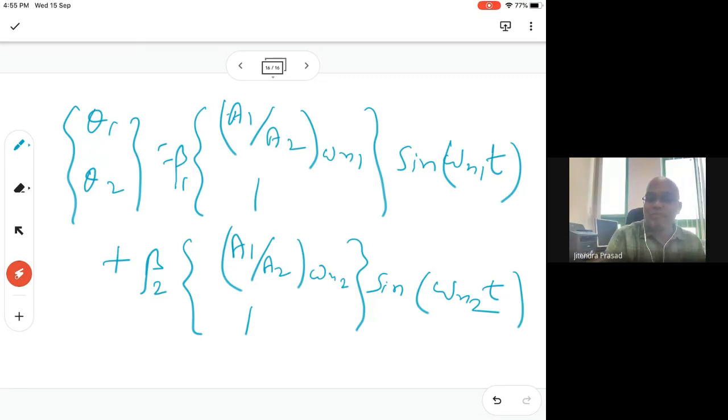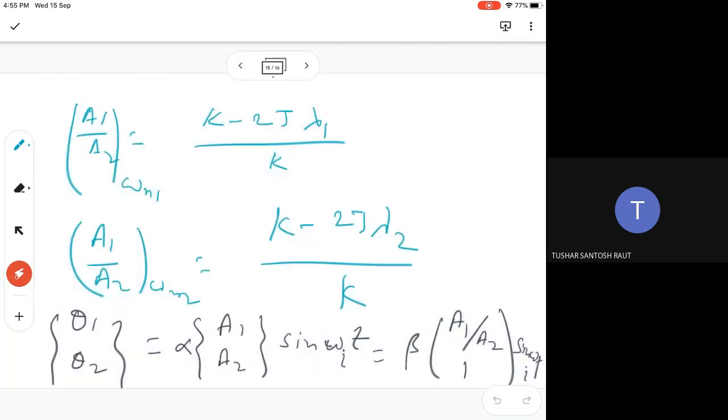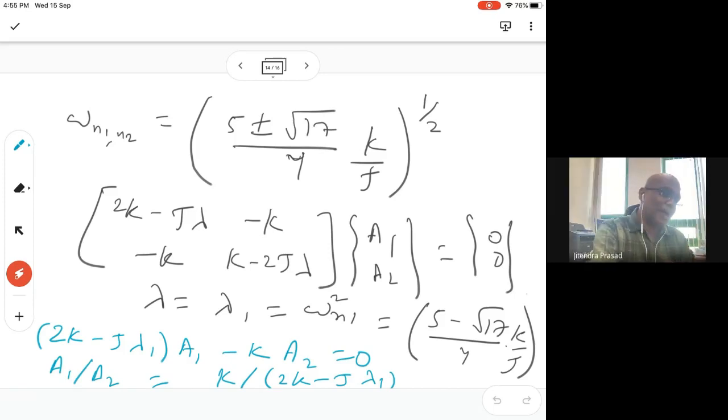You can label the first one as the lower one and the second one as the higher one. Sir, in one mode both will be going the same way, and in the other one the opposite way. So which omega corresponds to which one?